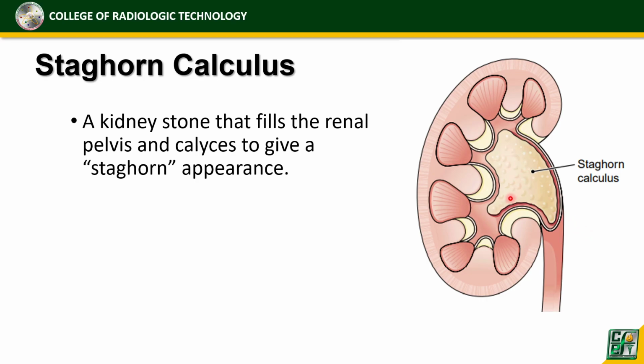Mukha siyang sungay ng stag, kaya siya ay staghorn. Itong buong to ay calculus, meaning stone. Ang laki niyan, stone yan, at bumabara yan dyan. It may cause nephritis. So what is the medical terminology for renal stone?